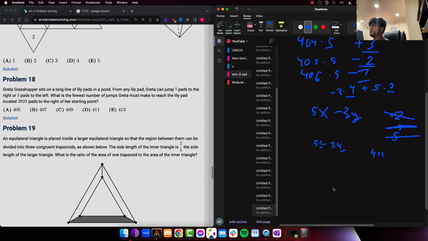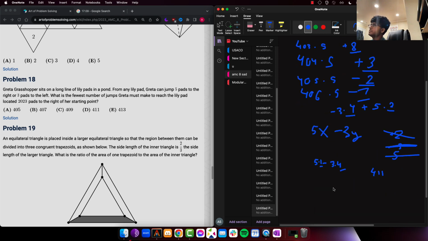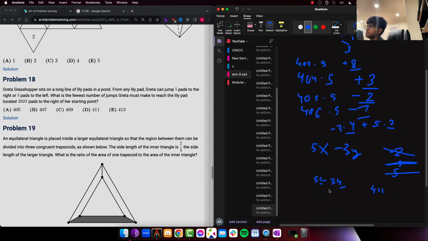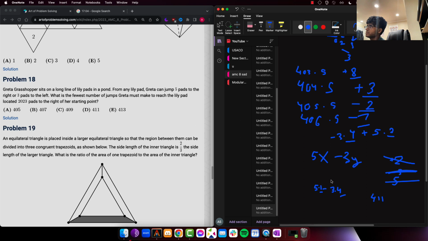So the -3y is congruent to 3 mod 5, that means y is congruent to -1 mod 5, which means y is congruent to 4 mod 5, so y is at least 4, right? Y is congruent to 4 mod 5, no matter what. And that's what we have here, and that's what we have here.